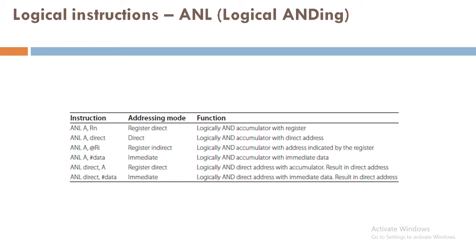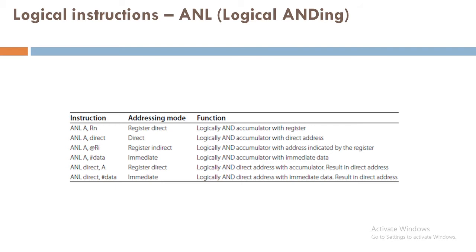Now in case of ANL A, direct, here the accumulator is getting ANDed with the content of the direct address being provided here. So these are the various instructions that are possible under ANDing, and we will take up only a few examples of it.